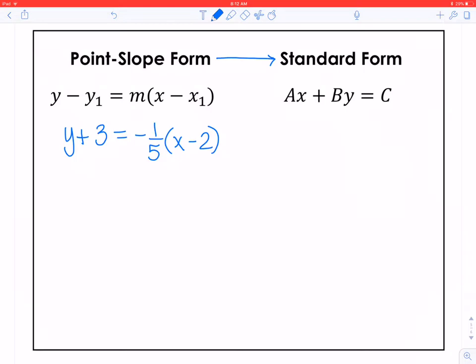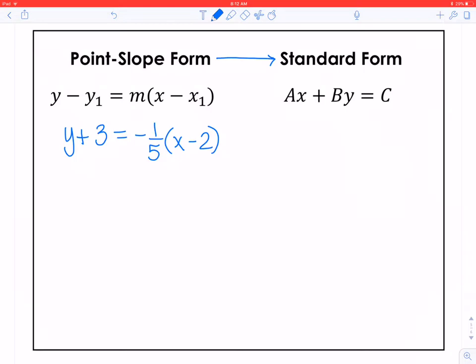Notice how standard form has x and y on the same side. I don't like anything like that right now. I have parentheses. I have y on the left side and x on the right side. It looks totally different. And so we're going to need to do some work to convert and rewrite in standard form.